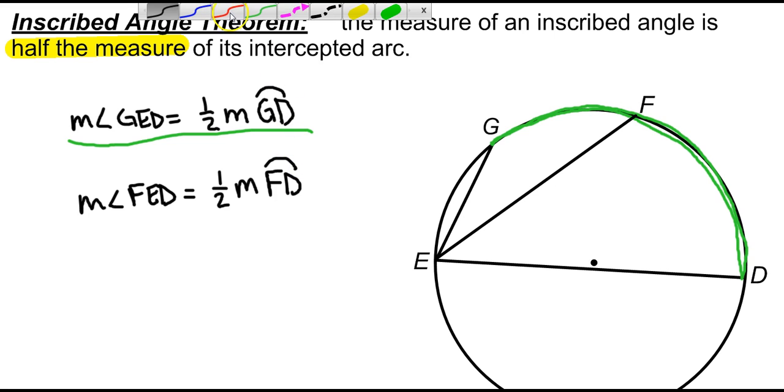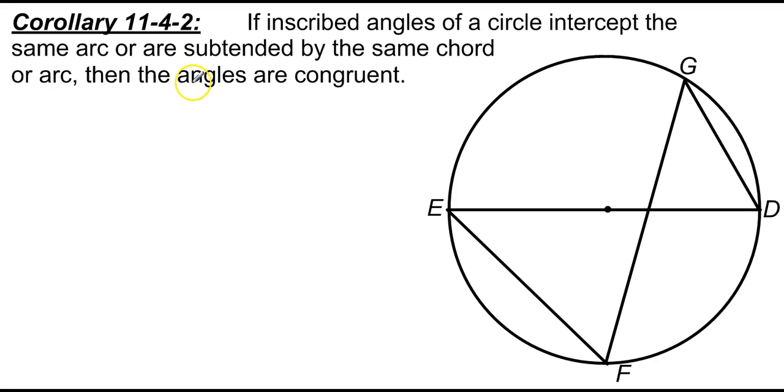Again, we know this because that's the arc that's intercepted by this particular angle, and the green arc right there is the arc intercepted by this angle.